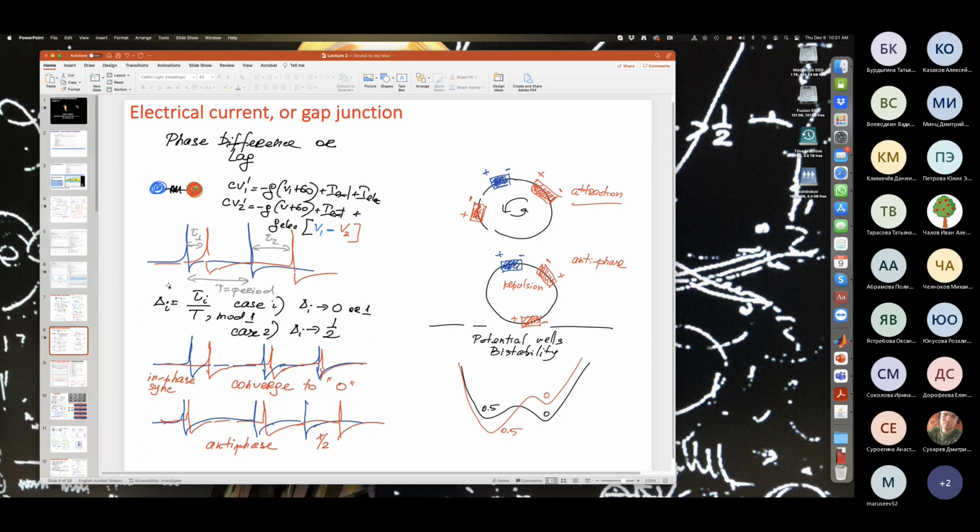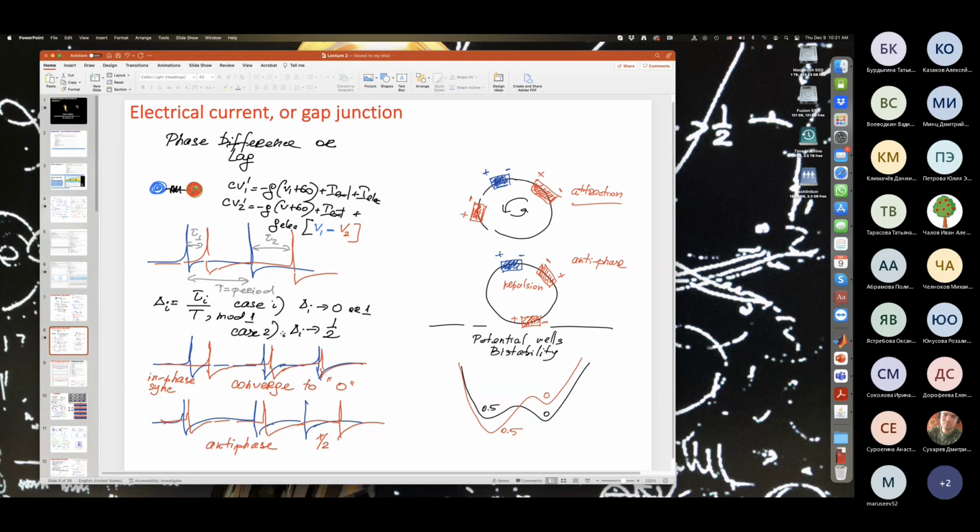By construction, when you define the phase difference, phase lag, it's defined modulo 1, which basically means that, like in this case, you see the difference between the cells goes to 0. It can be that the blue cell fires first, but it can be the other way around, that the red cell spikes first. Then the phase lag is going to converge to 1 or 0, depending on what cell you pick as a reference cell. In this case, I pick the blue cell as a reference cell.